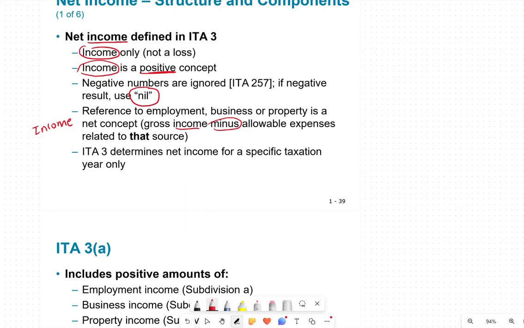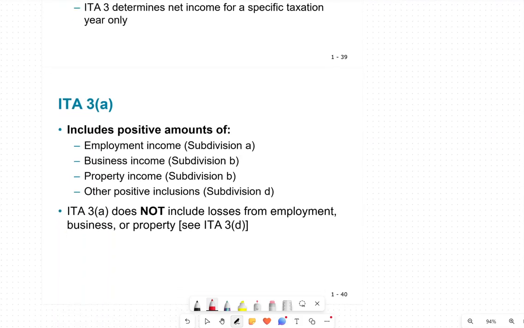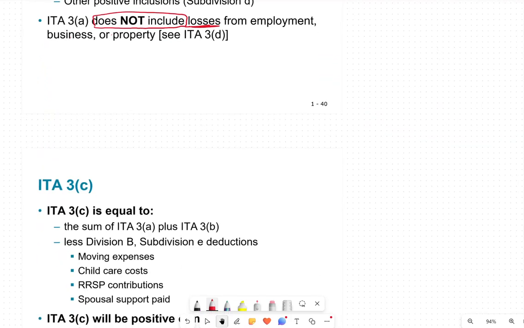So when you think of this income, we think of positive numbers. In that positive amount, we have income from employment, income from business, and income from property. So it does not include any losses from employment, business, or property.